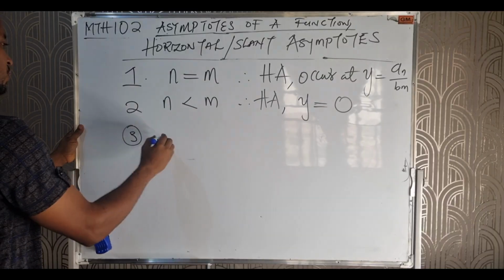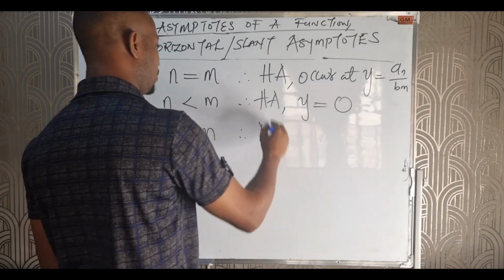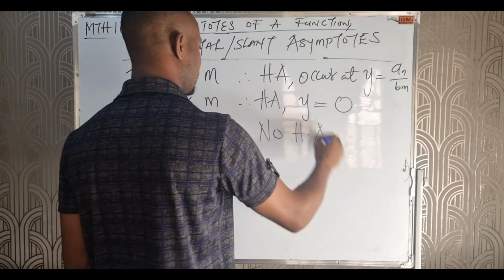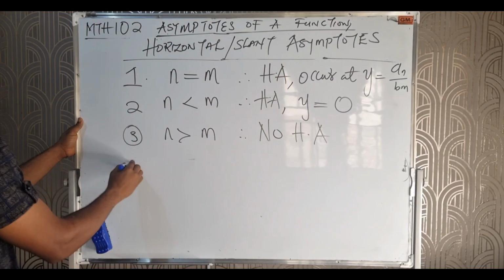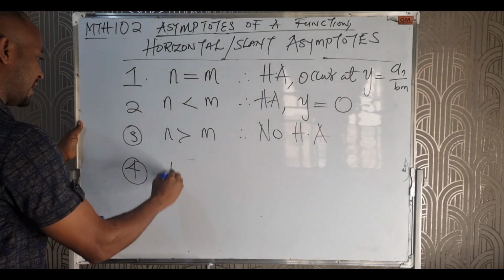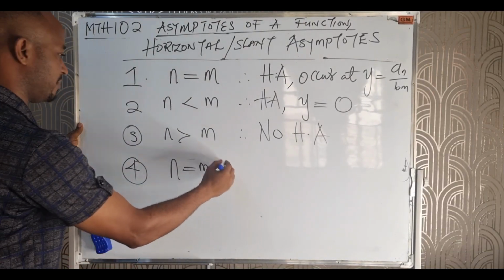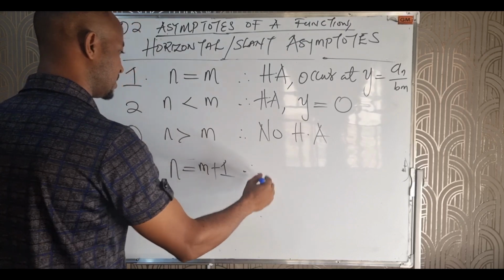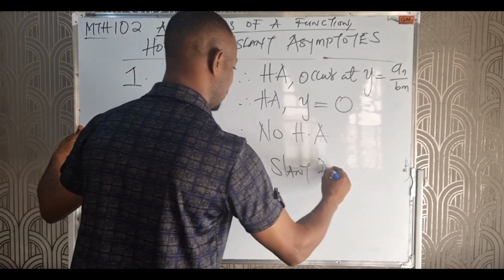Number 3, when n is greater than m, means no horizontal asymptote. Number 4, when n exceeds m by 1, meaning n equals m plus 1, means there is a slant asymptote.